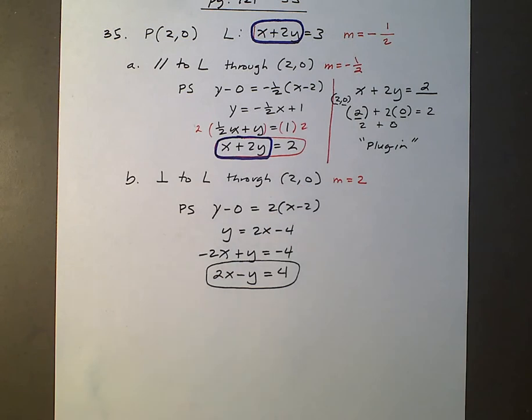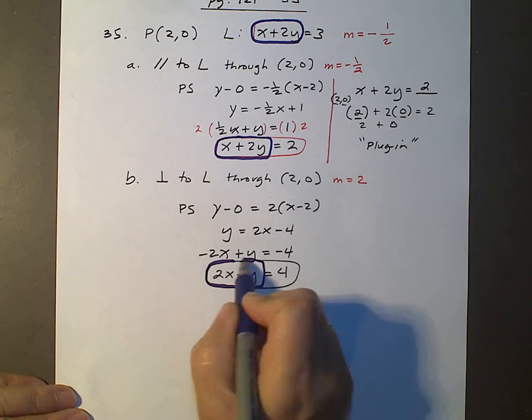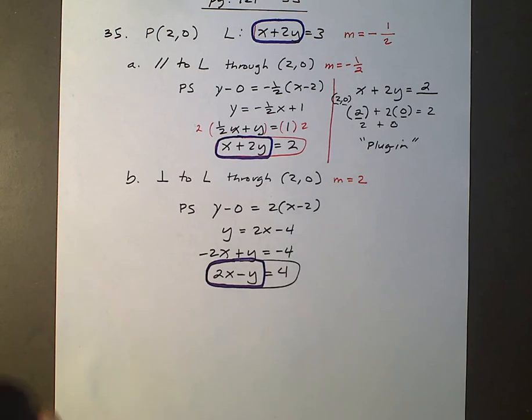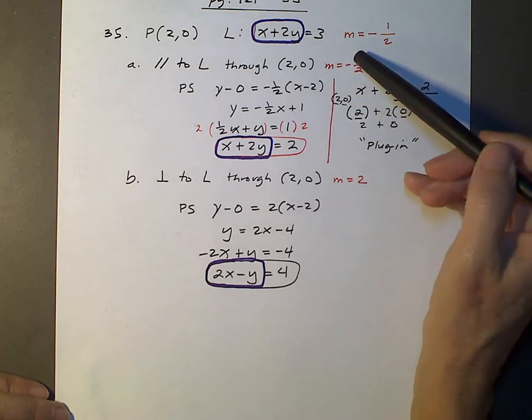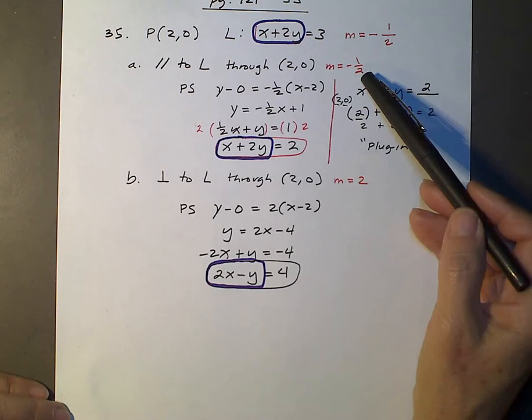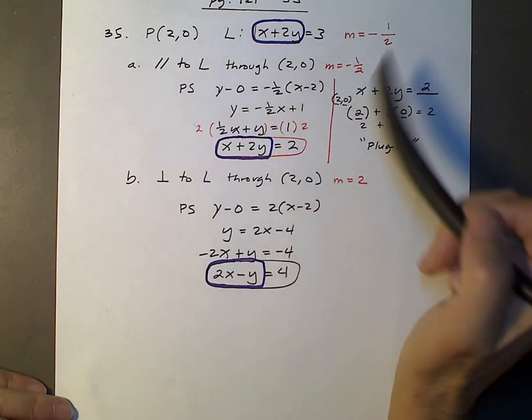But there is a pattern here, and that is that because of taking the opposite of the reciprocal of the slopes, you change the sign and the a and the b switch from parallel lines to perpendicular lines, or from the original line to the perpendicular.